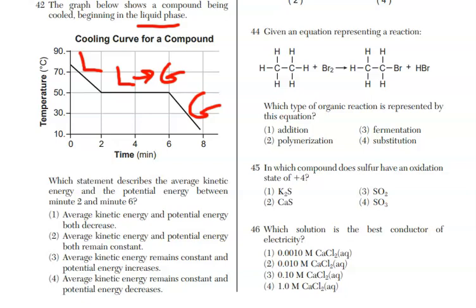Let's take a look at the questions. Which statement describes the average kinetic energy and the potential energy between minute 2 and minute 6? You got to remember, average kinetic energy is a way of saying temperature. And since it's a horizontal line, that means our average kinetic energy is staying constant.